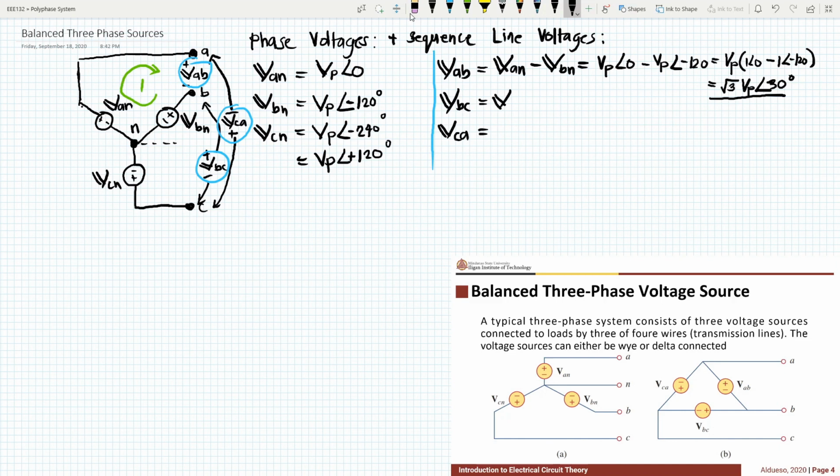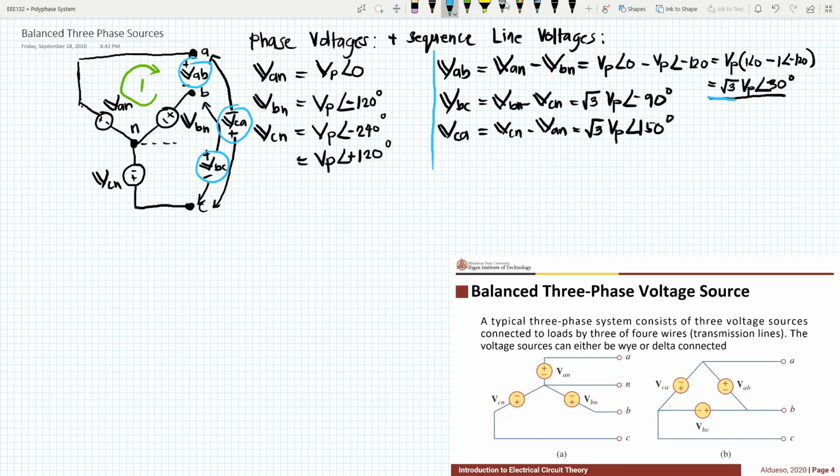VBC is just VBN minus VCN, and VCA is just VCN minus VAN. Following this step, we get the value of VBC as square root of 3 VP angle negative 90, and VCA is equivalent to square root of 3 times VP with angle positive 150.